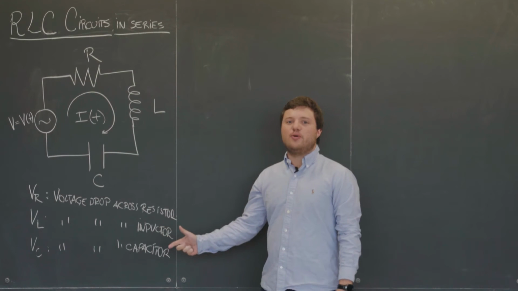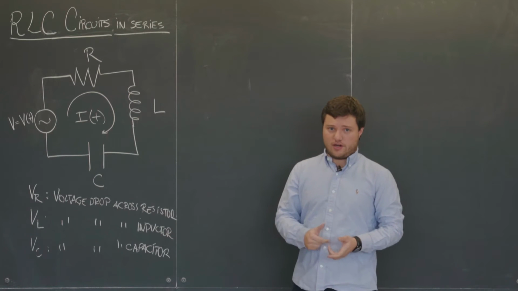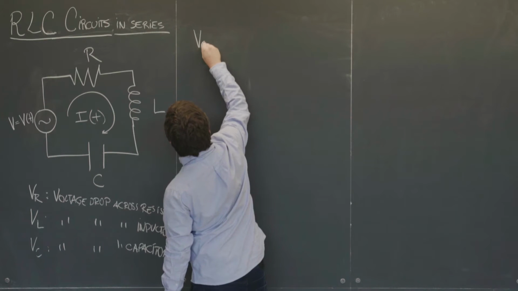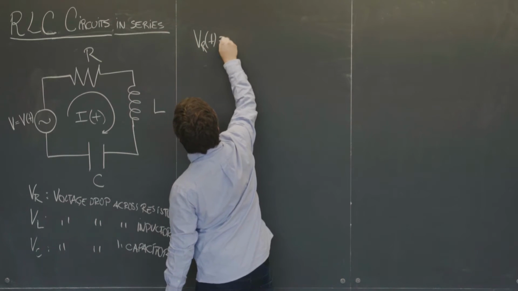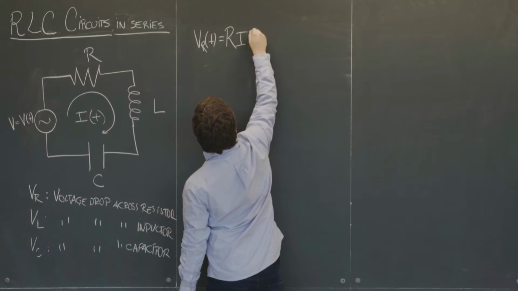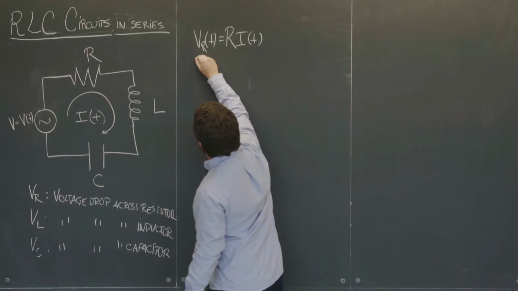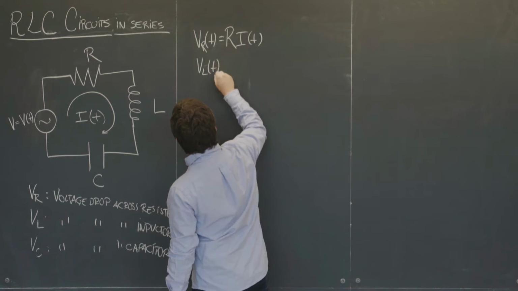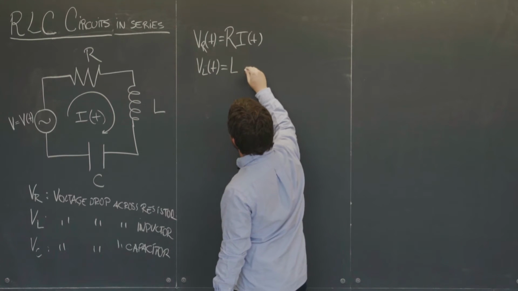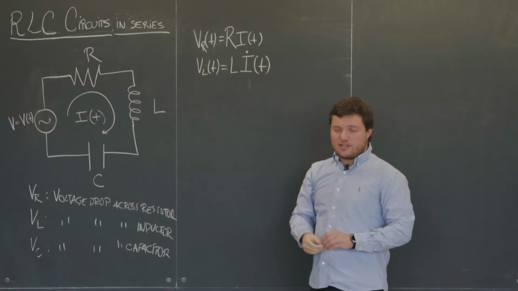So each of these components has an associated law that relates the voltage drop to current. So the associated law for the voltage drop across the resistor, which is a function of time, is given by R, the resistance, times the current, which is also a function of time. For the voltage drop across the inductor, we have that VL is equal to the inductance times the time derivative of the current.